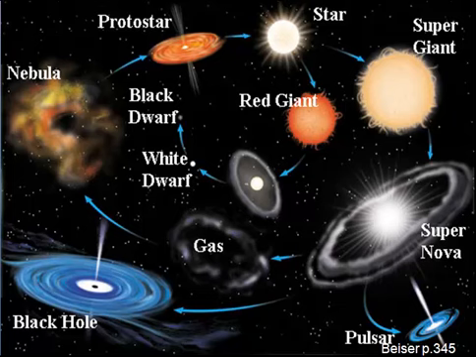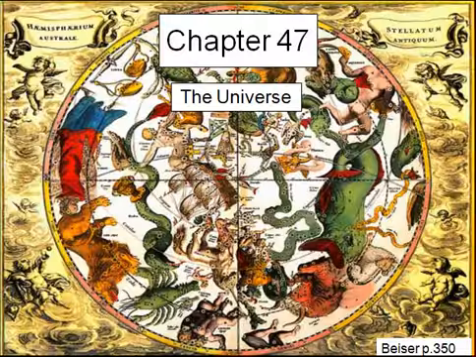All right. There is almost certainly a black hole at the center of our galaxy. There's probably a black hole at the center of all galaxies. And as galaxies crash into each other, those black holes combine and make an even bigger black hole. And so everything's changing up in space, just like here.